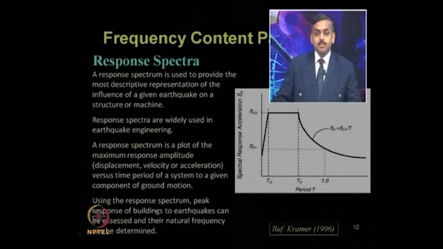Using that response spectrum, peak response of buildings to earthquakes can be assessed, and their natural frequency also can be determined. We will see its application extensively later on. Also, we will talk about the various seismic design codes, including our Indian seismic design code, where this response spectra is thoroughly used.